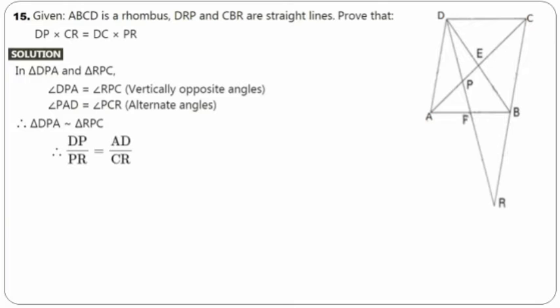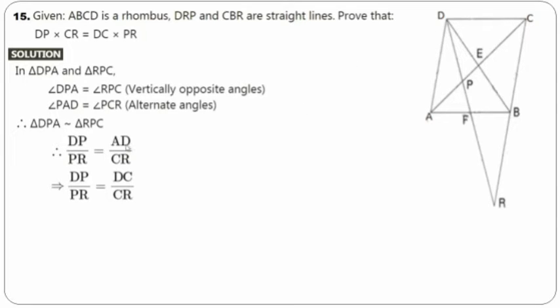So corresponding sides DP and this will be RP or PR. So DP by PR is equal to AD, so A and D, and here it should be C and R, so AD by CR. Now do the cross multiplication. Instead of AD I have written DC.